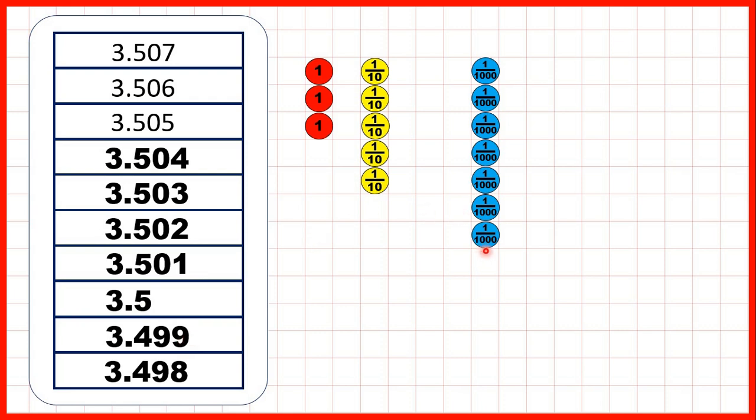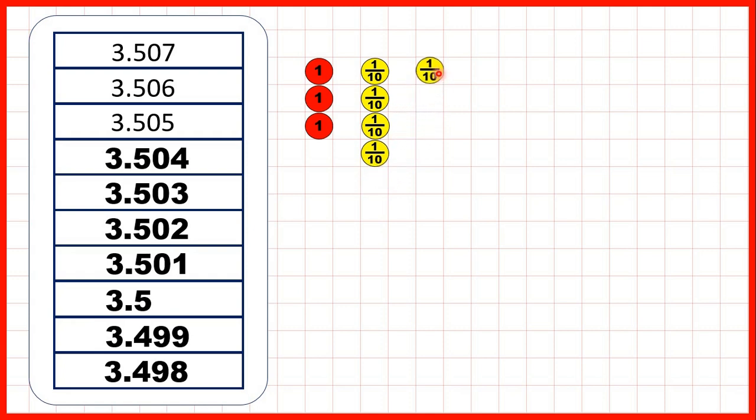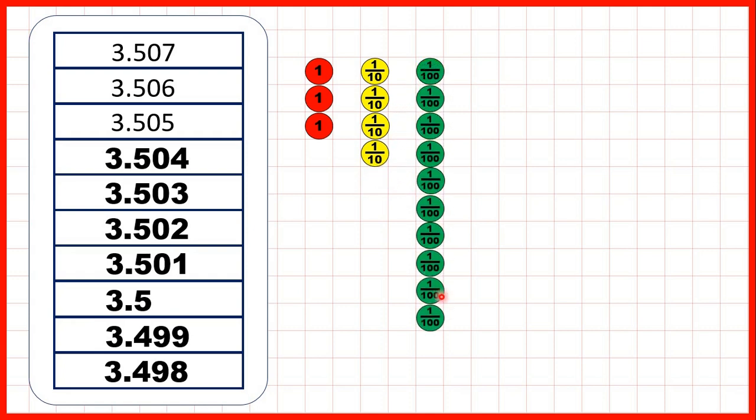And we can use place value counters to explain this. So we start with 3.507, so that's 3 ones, 5/10ths, no hundredths, and 7 thousandths. If we're counting back in thousandths, we're taking away 1,000th each time. So here we've got 3 ones and 5/10ths, so that's 3.5. What we can do is take one of our tenths and exchange it for 10 hundredths.